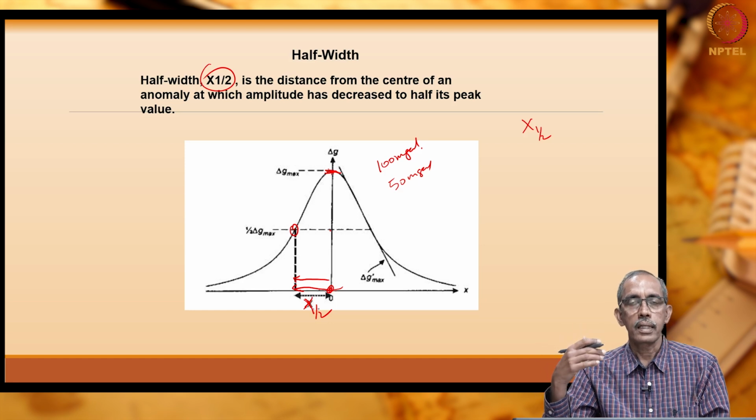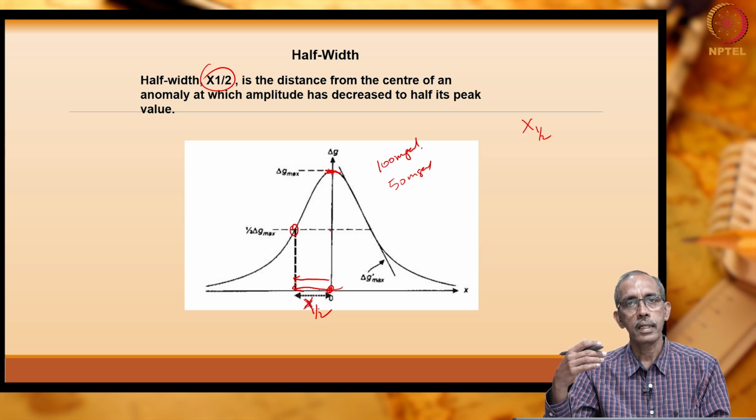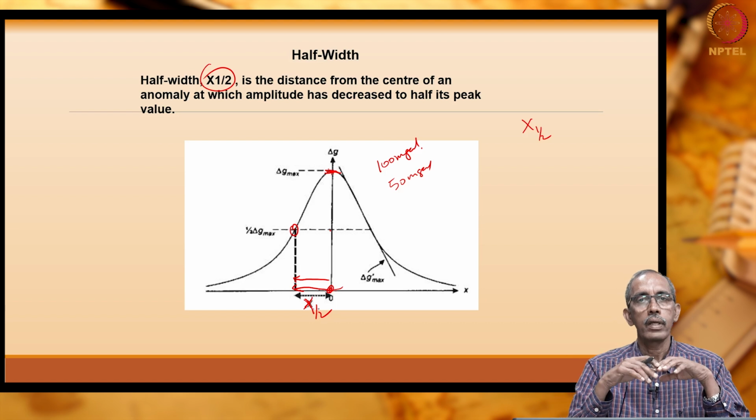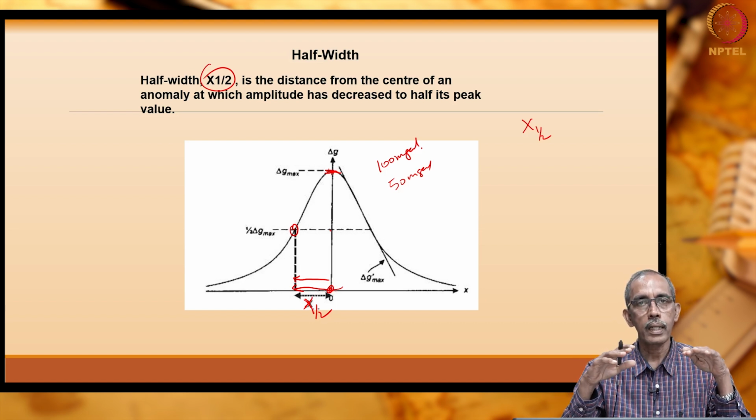So, in today's lecture, we had a look into how the gravity data after reduction can be interpreted. First, we had a look into the qualitative method of interpretation, wherein we have a look at the gravity anomaly map. Of course, to prepare the anomaly map, we have to deploy some filtering techniques to get rid of the impact of regional structures on the measured value.